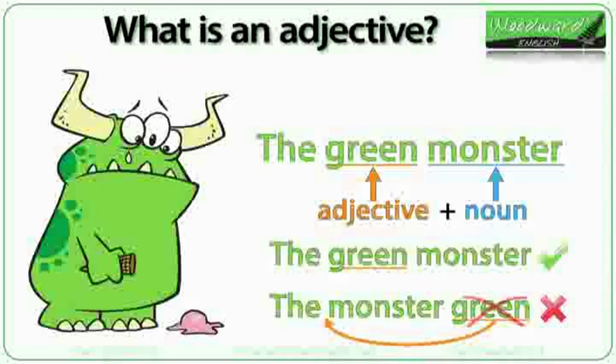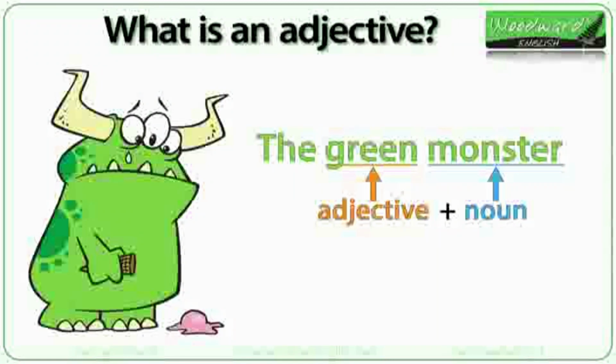We say the green monster. Green is an adjective. Monster is a noun. Green is a description of the monster. We do not say the monster green. No, the adjective is before the noun. The green monster.